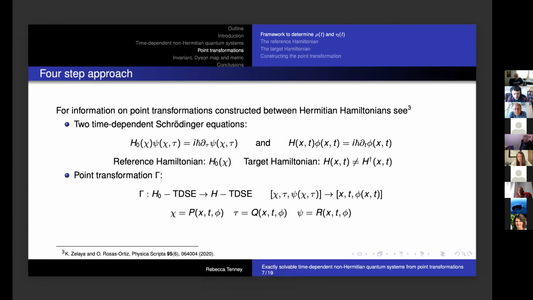Then you see that the transformation cannot be a point transformation, but it can be a non-point transformation. In fact, it transforms any harmonic oscillator with time-independent frequency and mass into another of the same kind.